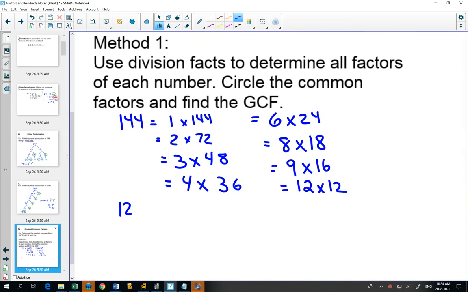126. Well, so 1 times 126. Can you divide it by 2? Yes. 2 times 63. Can you divide it by 3? Yes. 3 times 42.